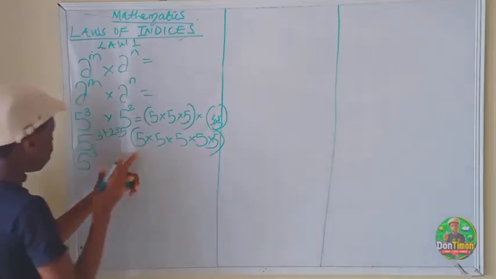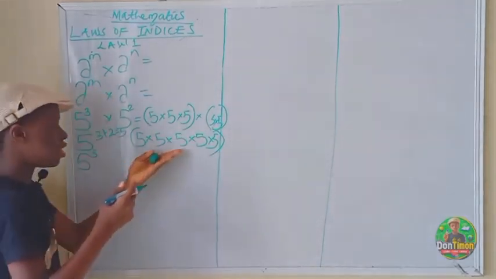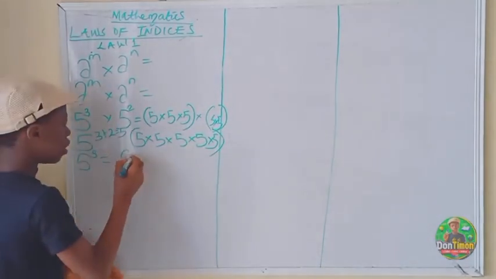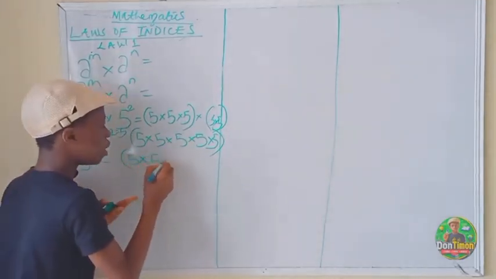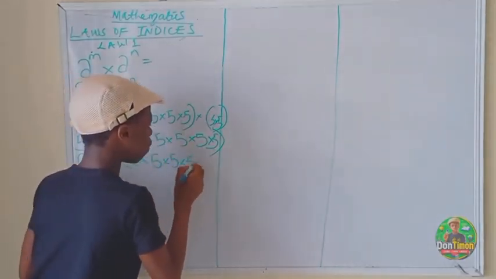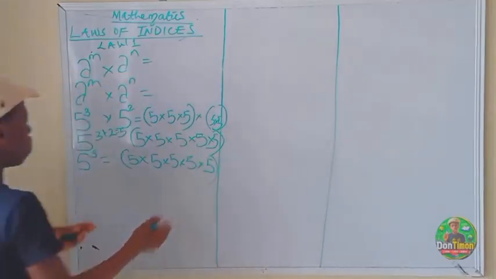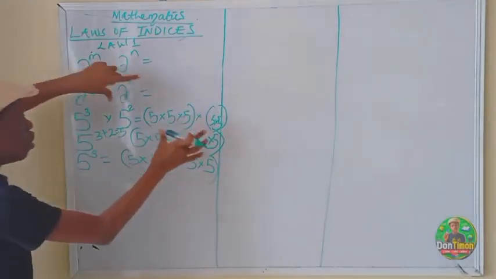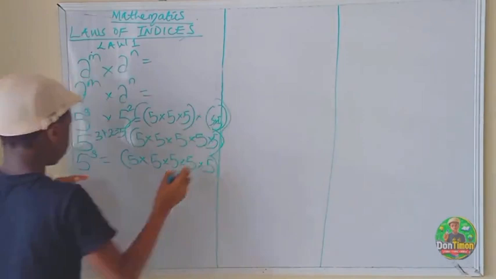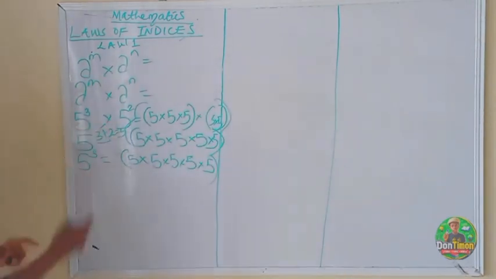You can see it's basically the same thing that we got here. If we expand it, we get 5 times 5 times 5 times 5 times 5. So it's basically the same thing. You don't have to use all this long method when we can just do simple addition.